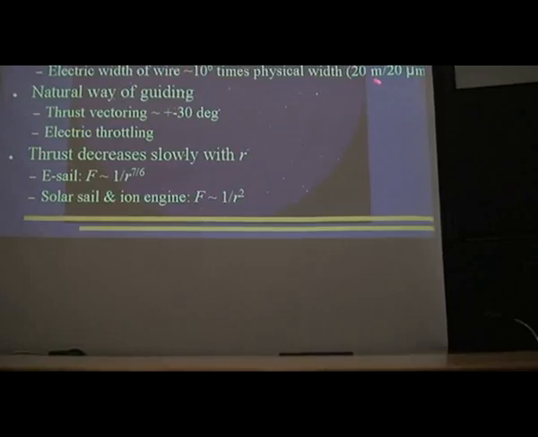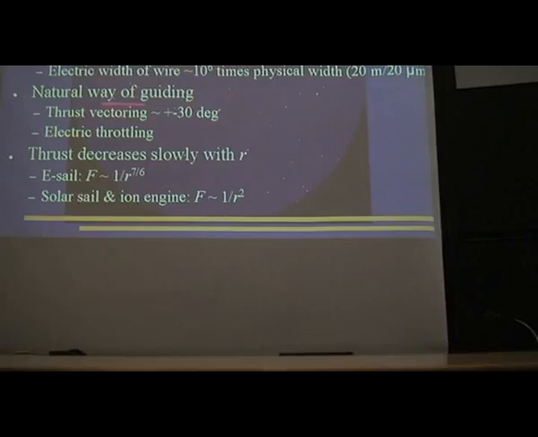The electric width is of the order of the plasma Debye length, which in the solar wind is about 20 meters, and the physical width we can make as thin as 20 microns. So there is a factor of a million there. The surface area of the sail is 1 million times larger than the physical area, and that gives us the high performance.